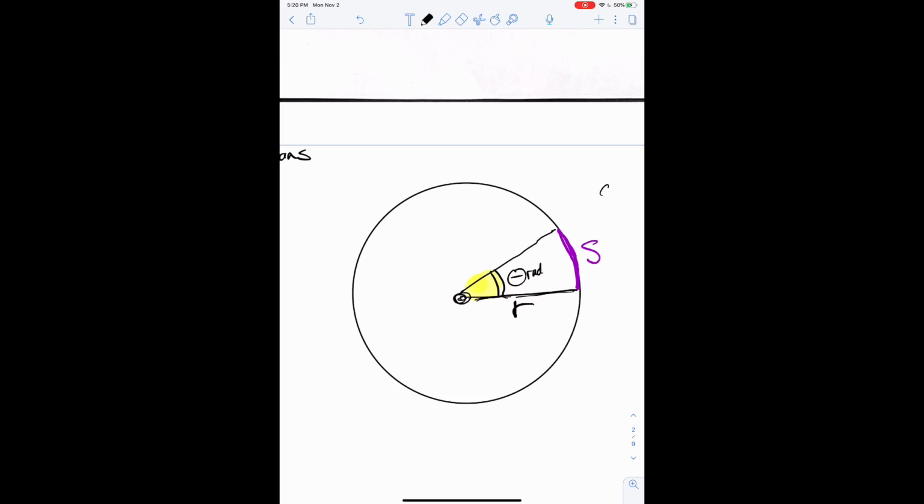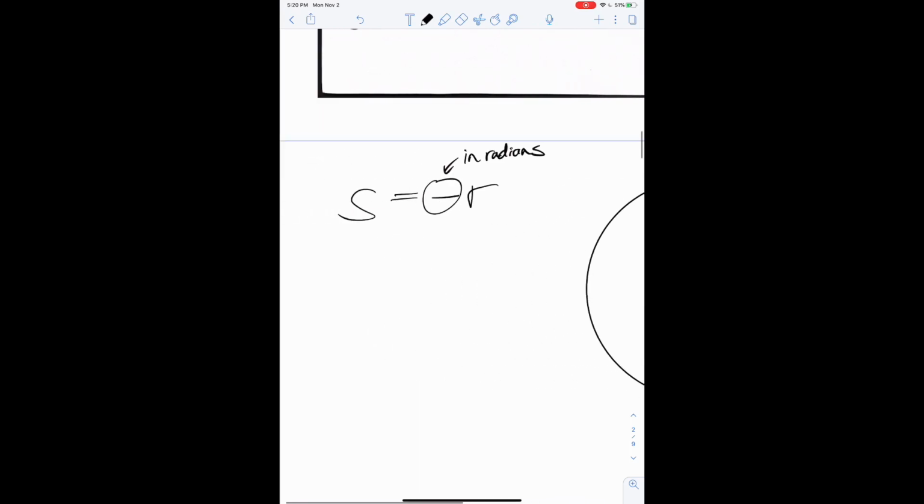That is very cool. So you can take any angle, multiply it by the radius, and get the arc length. All right, that's what this says, right? So where r is the radius and s is the arc length.